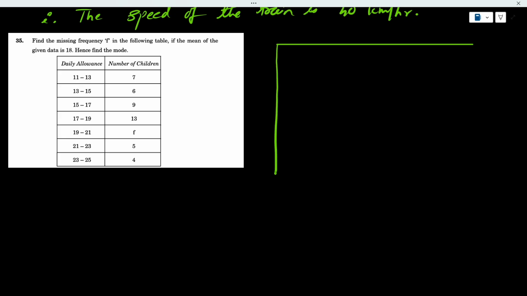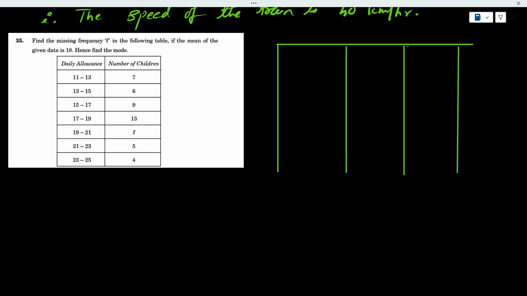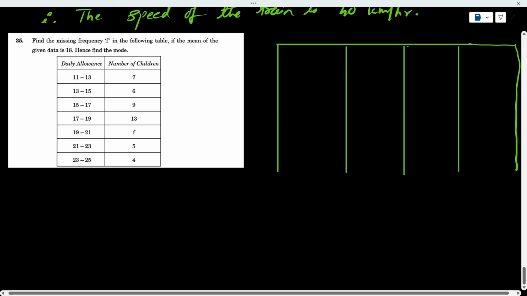So first you take the same CI, daily allowance, which is given, your class interval, then number of children, right? And then you need the xi column, which is the mid value of the class interval, and then you need fi xi, right? So 4 columns are needed if you are following the direct method.